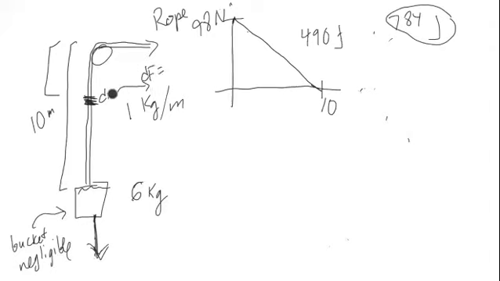Well, a length of dx times 1 kilogram per meter, that would be 1 times dx is the number of kilograms. Then what do we do with that to get force? We say 9.8 times it. So basically 9.8 dx is a little piece of force that we're going to have to move from here up here.